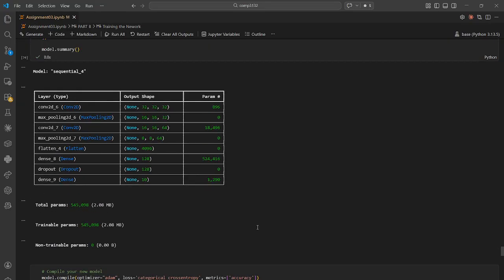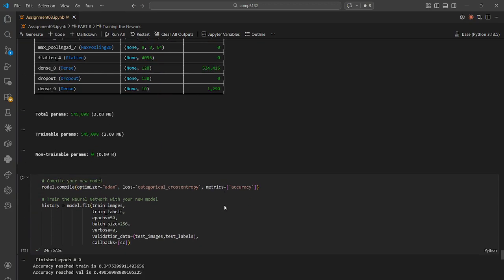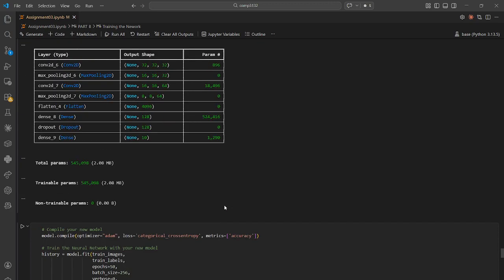After the dense 128 layer, the model now has 8 layers. Dropout works by randomly turning off 50% of the neurons during each training step. This forces the network to spread its learning across many neurons instead of relying too heavily on a few. So it acts as a regularization to reduce overfitting.